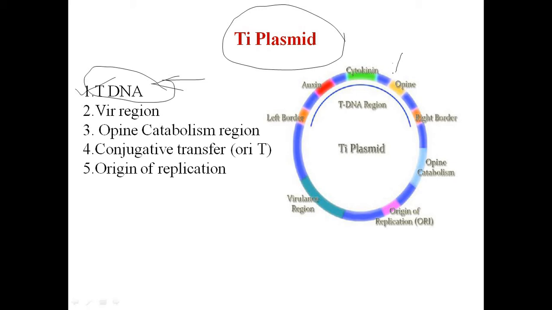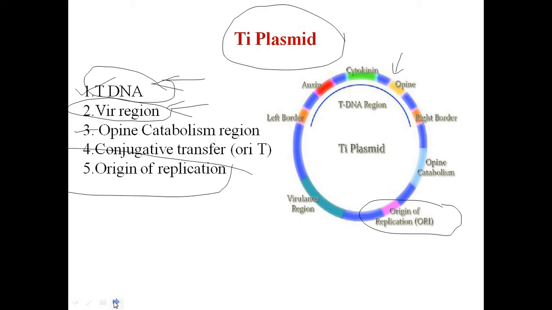Then the virulence region, essential for induction of a tumor or hairy root in the infected cell. The third is the opine catabolism region. Then the conjugative transfer region, the ORIT, and the origin of replication.